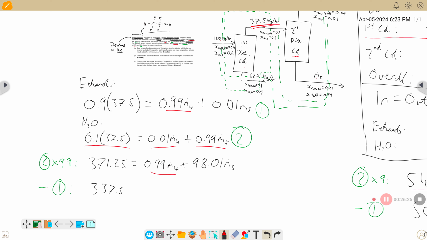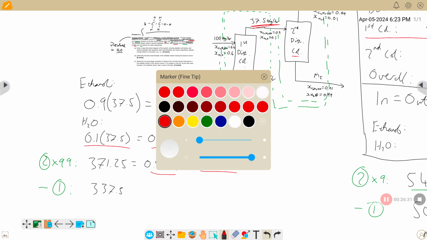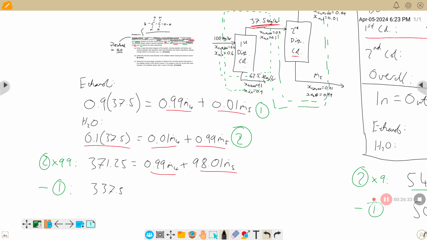The M4 has been eliminated. And when I subtract 0.01 M5 from 98.01 M5, that just gives me 98 M5. Is that solvable? Yes, I just need to divide by 98. So I can say M5 is equal to 337.5 over 98, which is equal to 3.44.